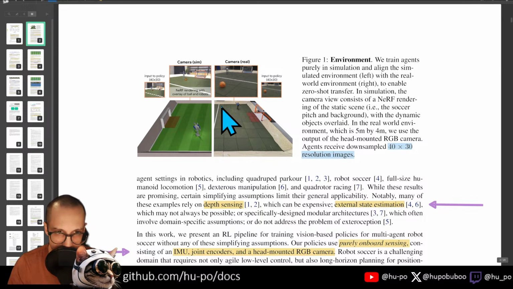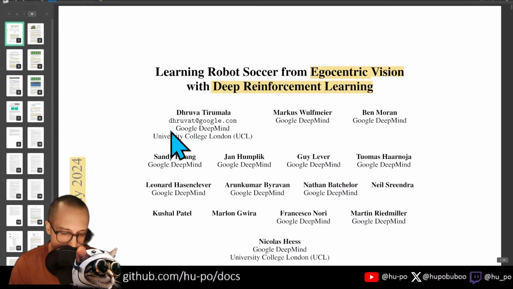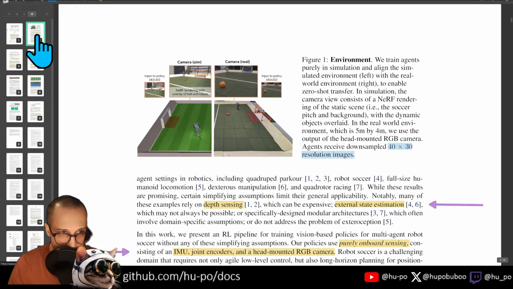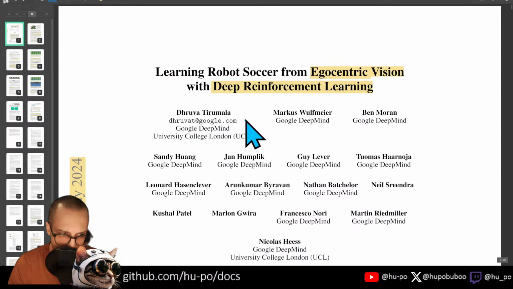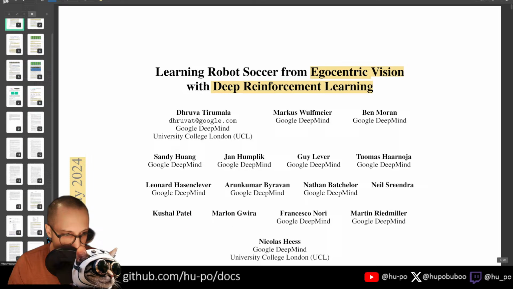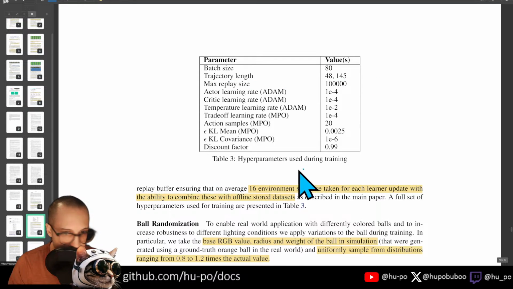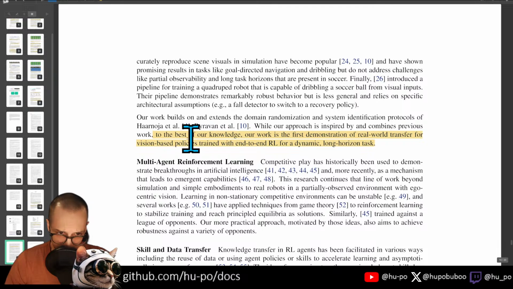We've reviewed some of their papers before, but this one is particularly interesting because they're finally using vision. A lot of the previous papers were always using explicit state, and now we're finally seeing a vision version of this. I think they mention it as well: this is, to the best of our knowledge, the first demonstration of real-world transfer for vision-based policies trained with end-to-end RL for dynamic long-horizon tasks, right?